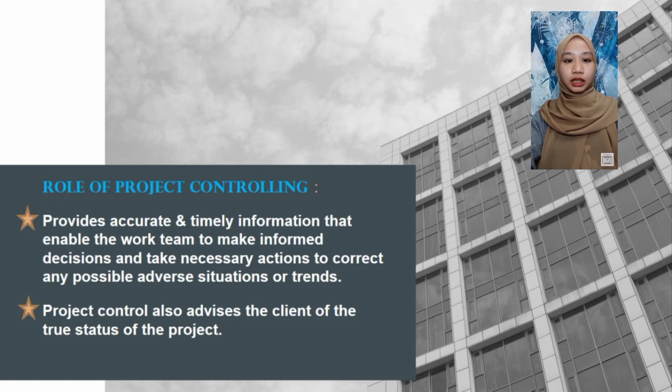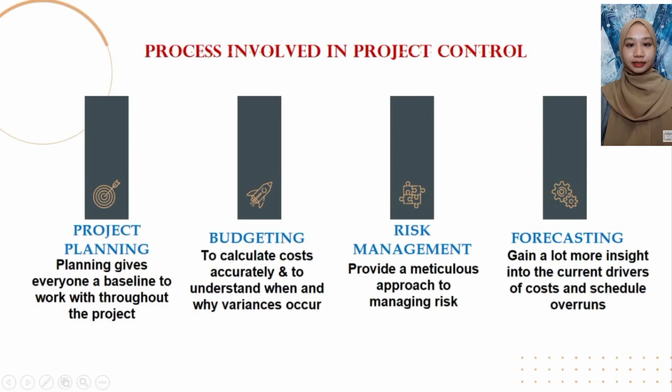Role of project control. 1. Provide accurate and timely information to the project management team that will enable them to make informed decisions and take necessary action to correct any possible adverse situation or trend. 2. Project control also advises the client on the true status of the project. Processes that are involved in project control.